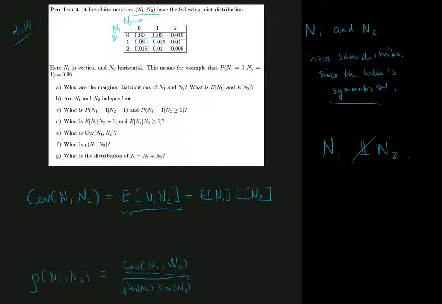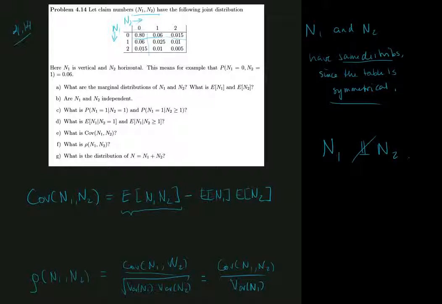However, remember, N1 and N2 have the same distributions. That means they have the same variance. So what I have down here is essentially the variance of N1 squared, and then I take the square root of it. So this is just equal to the covariance of N1 and N2 divided by the square root of the square of the variance of N1, which is just the variance of N1.